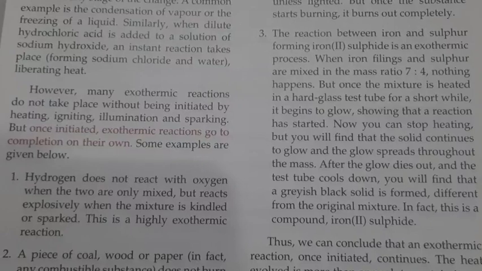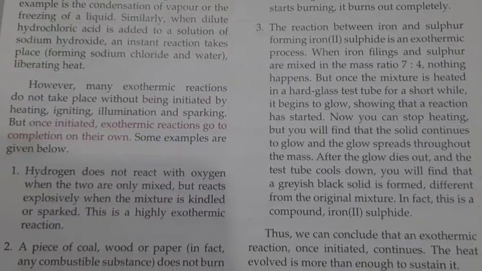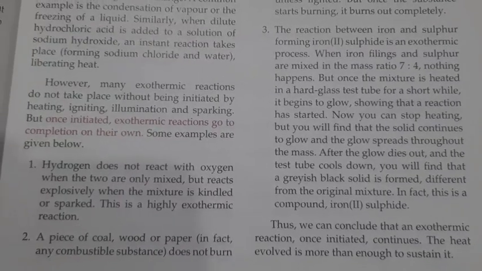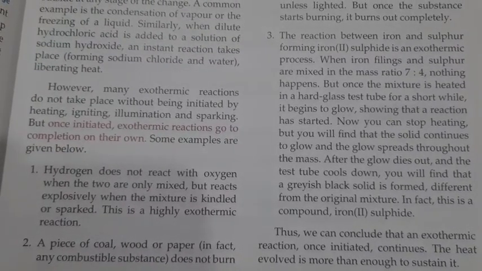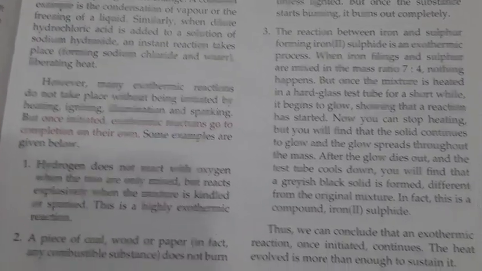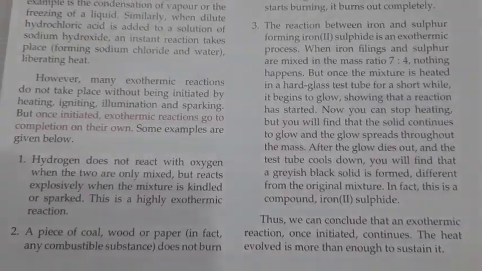After the glow dies out, the test tube cools down, and you will get a grayish black solid, which cannot be returned to iron and sulfur again, because it is a new compound called iron(II) sulfide. So this is also an exothermic change.